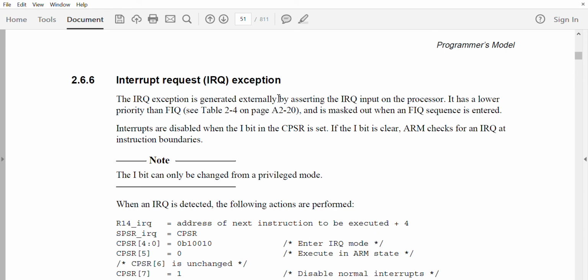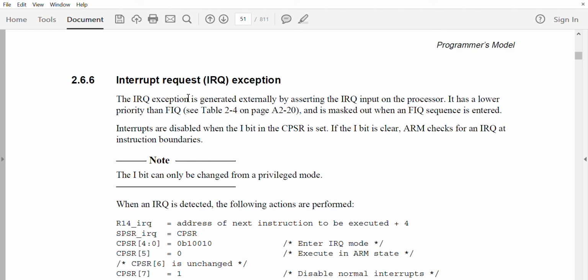And suppose IRQ and FIQ both happen, then FIQ will be serviced first, and only then IRQ will be serviced. If two exceptions are happening at the same time, IRQ and FIQ, then FIQ will be serviced first, then only IRQ.